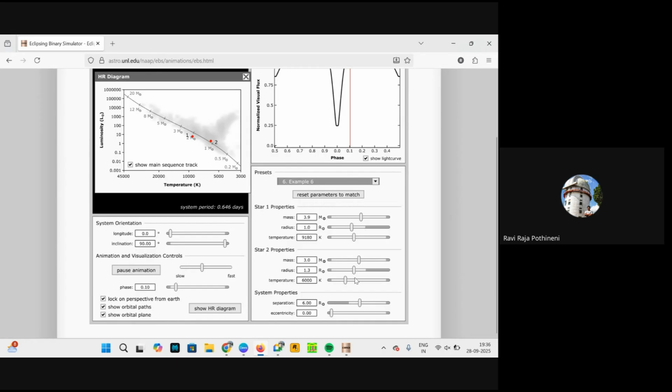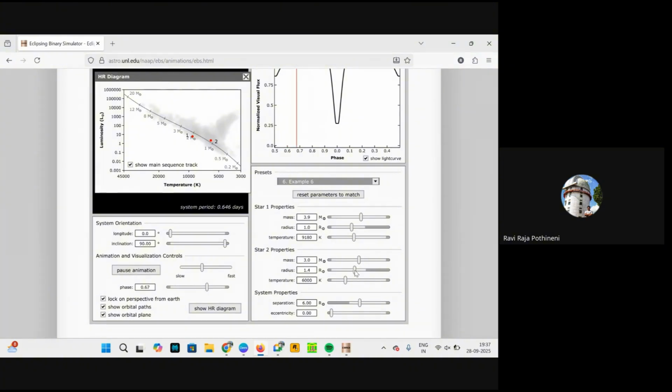Now, whenever I increase the size of one of these stars, that star leaves that strip. It indicates that it has evolved. This is a semi-detached system. So depending on whether a star is still under hydrogen burning or has evolved, we can try to understand what happens to it later.